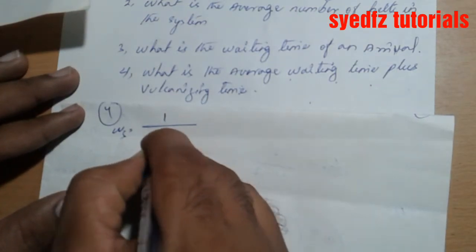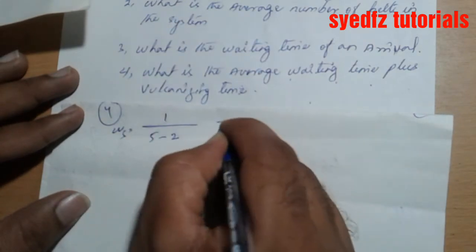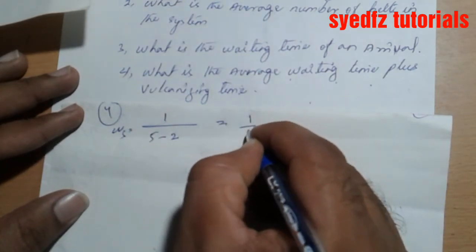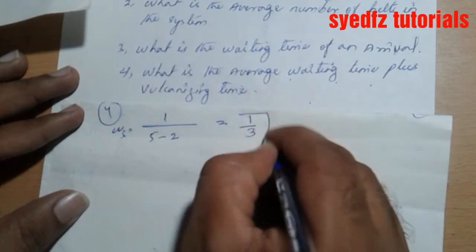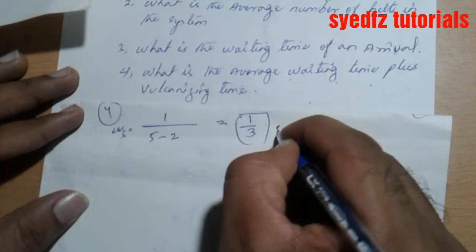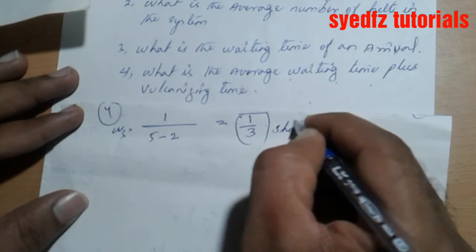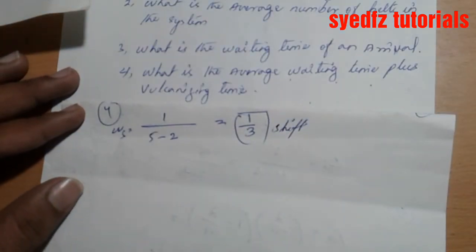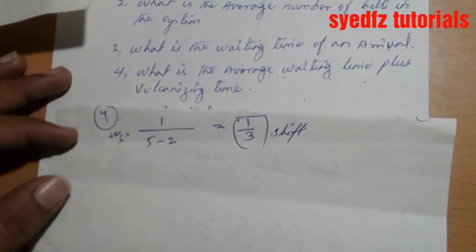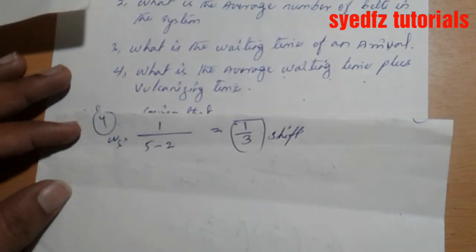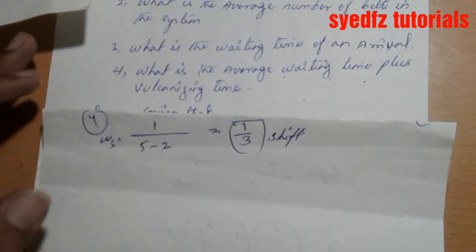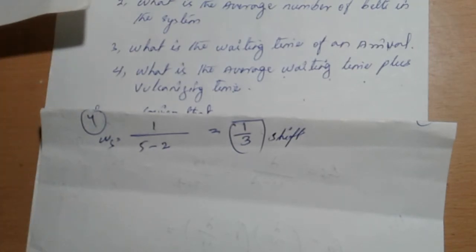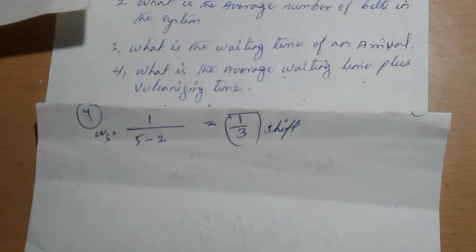Mu is 5, lambda is 2, so 1 divided by 3 per shift. The average waiting time plus vulcanizing time is 1 divided by 3 per shift. This is how we can solve a queuing system theory problem by taking the correct formulas.